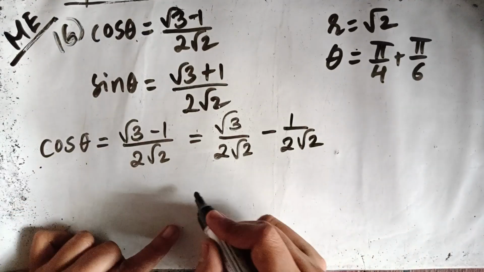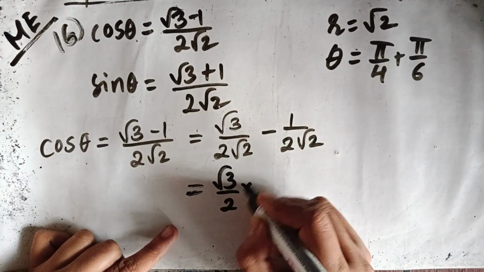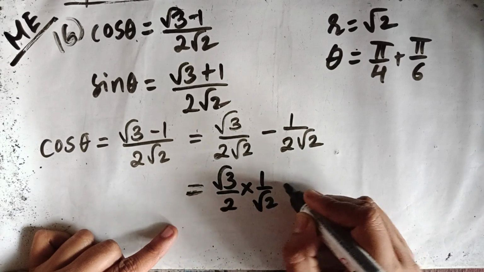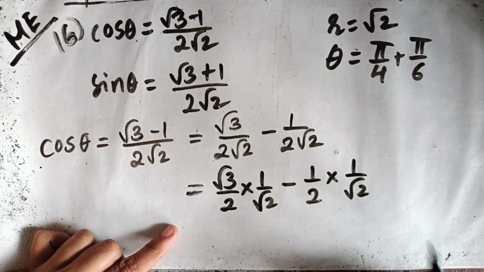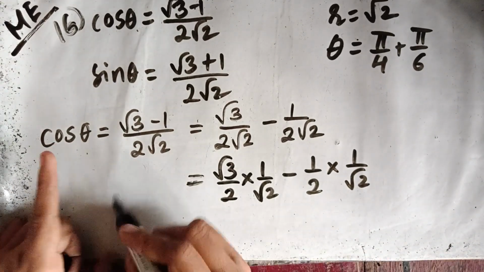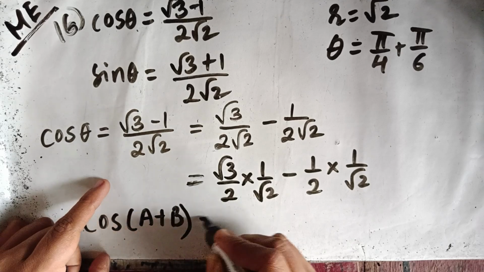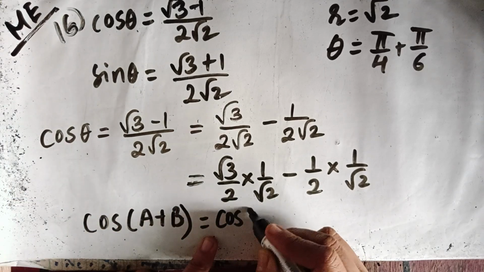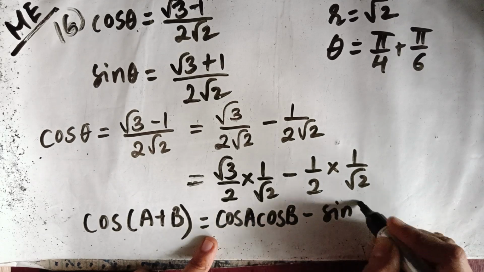We can split this and write it as root 3 by 2 into 1 upon root 2 minus 1 by 2 into 1 upon root 2. Now we know the formula for cos A plus B. Cos A plus B is cos A cos B minus sin A sin B.